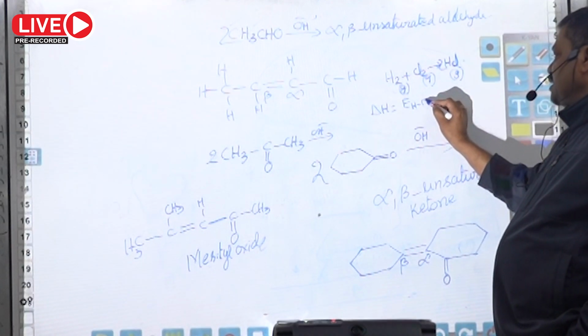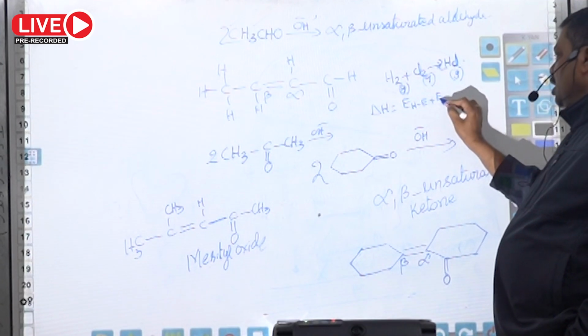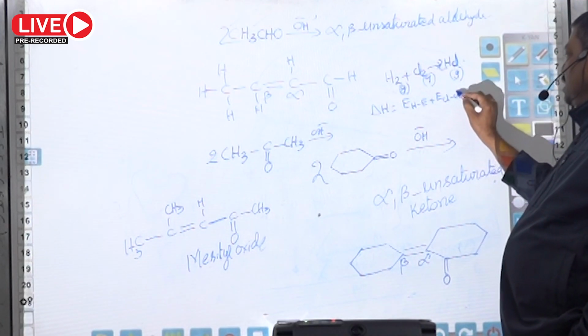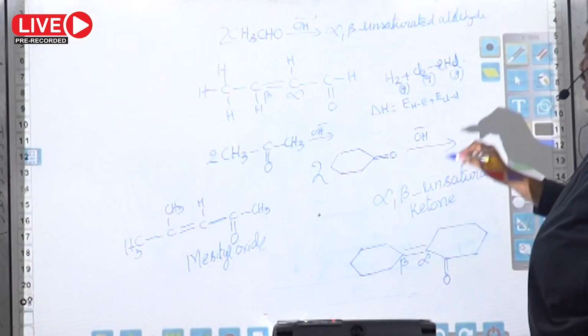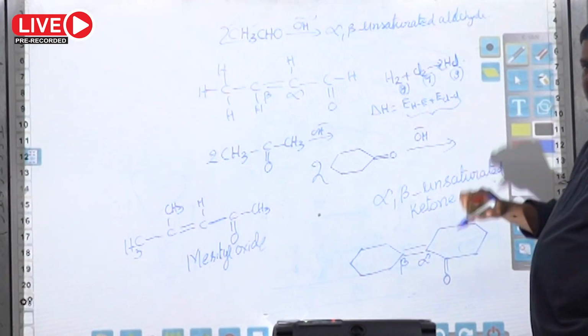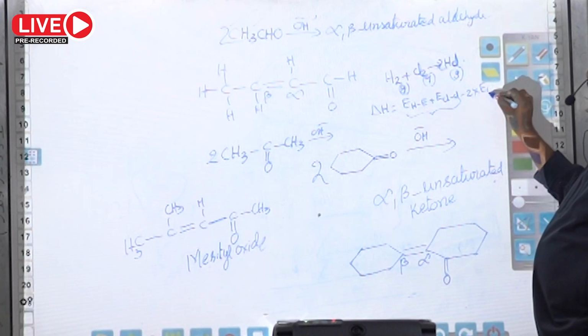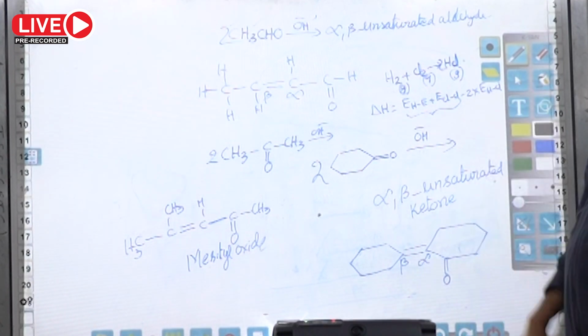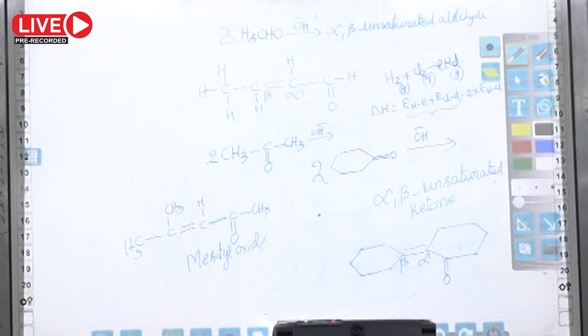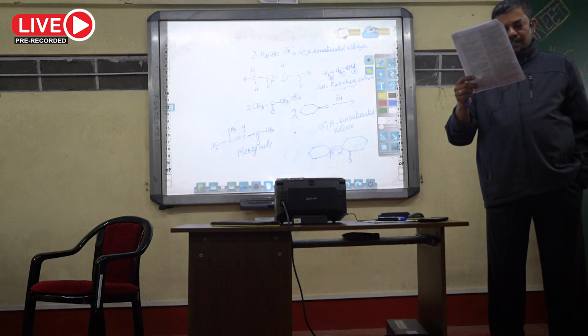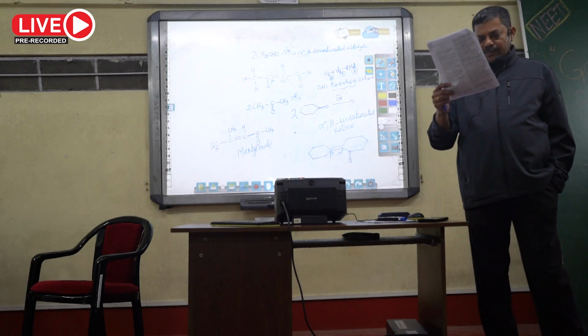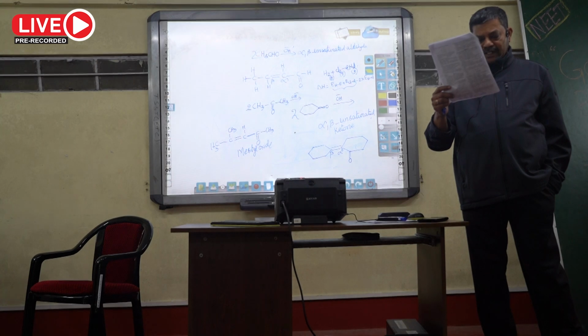Bond enthalpy of H-H plus bond enthalpy of Cl-Cl. This is bond enthalpy of reactants, minus 2 into bond enthalpy of HCl. That is the principle. So you follow the same rule and you will get the answer as option C. You can try later.